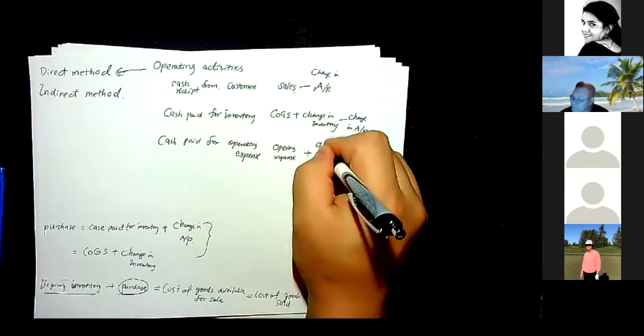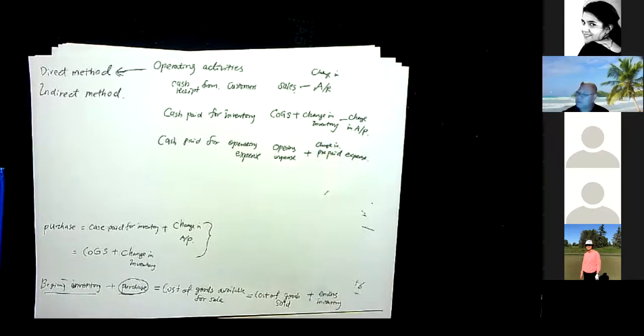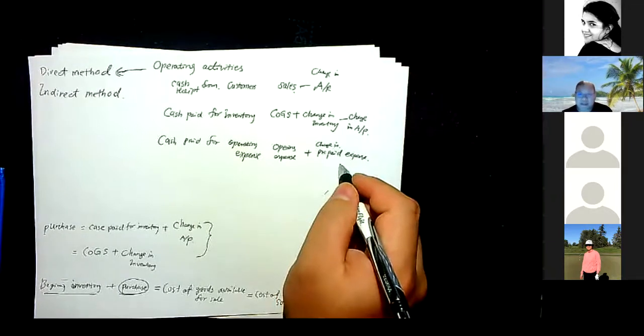Operating expenses plus change in prepaid. If you prepaid by cash, the amount of cash you pay will be higher. If all the operating expenses you paid in the current period with cash, that's the cash paid for operating expenses. But if it's prepaid, you paid in advance for future expenses, that's going to cost you more cash. That's the change in the prepaid expenses.